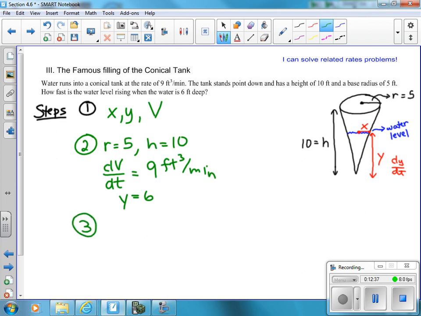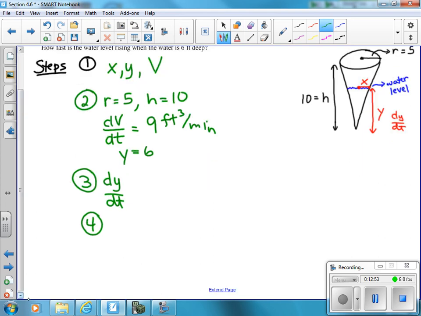Okay, so number 3 says, what are we looking for? How fast is the water level rising? So we're actually looking for the change in y over the change in time. How fast is it rising? Okay, what equation can we relate these things to? Well, going back to, I don't know what subject, geometry, we know that a cone volume is 1/3 pi r squared h. All right, cool.